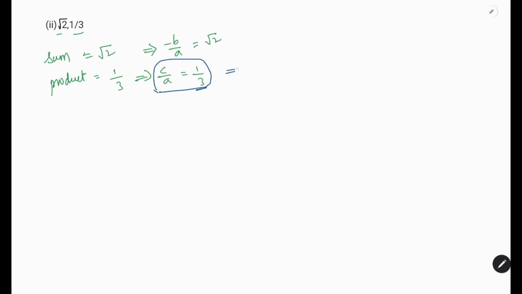So if we take a equal to 3, then c equal to a by 3 equal to 3 by 3 equal to 1.